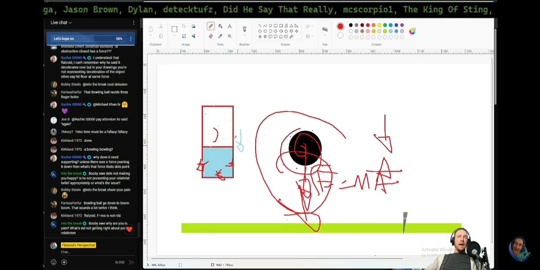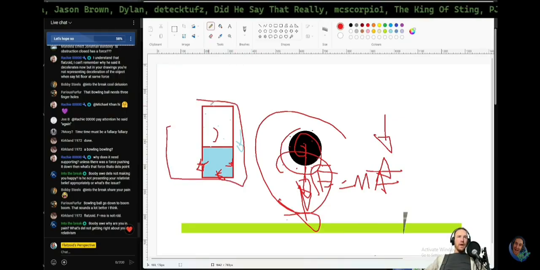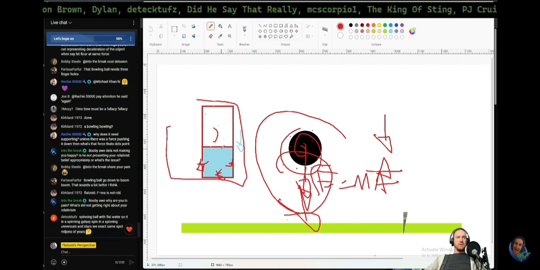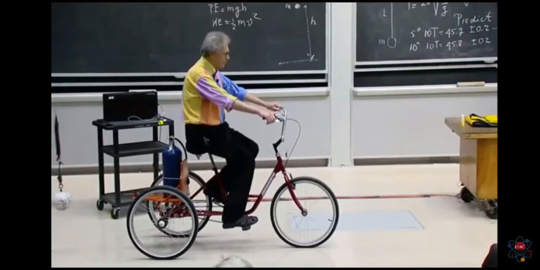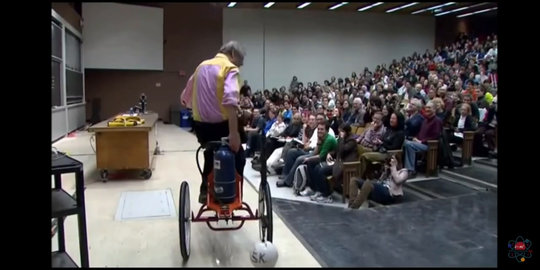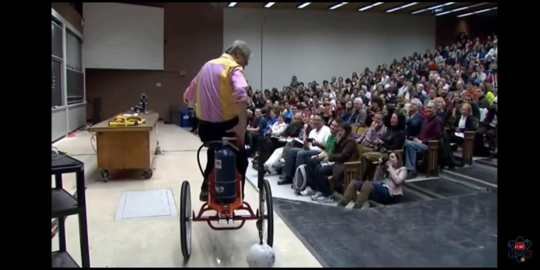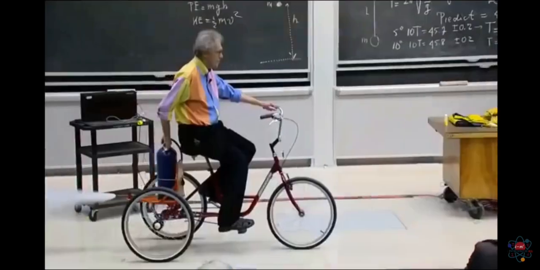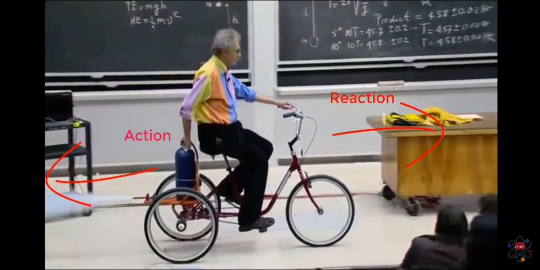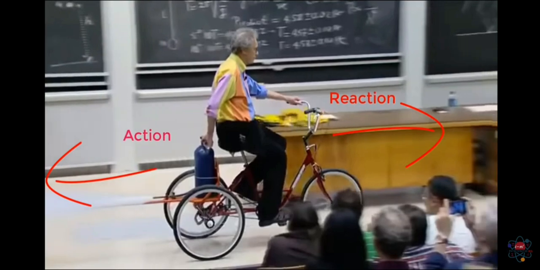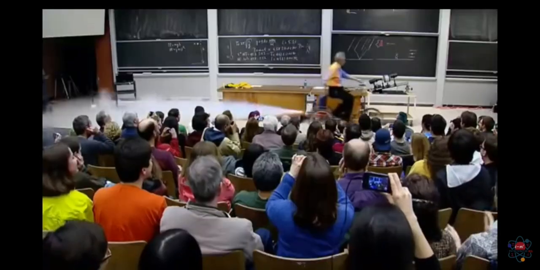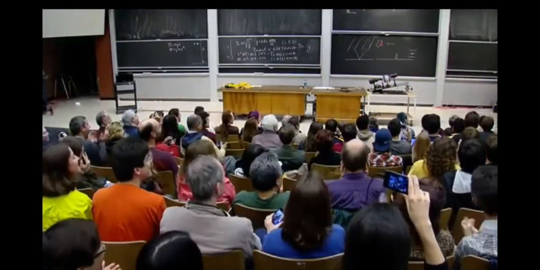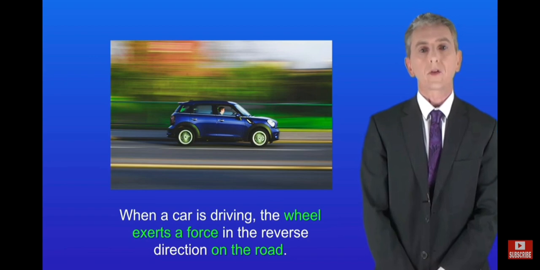Why? Now, when you take that whole bottle and you let it fall, what is Newton's third law, guys? Equal and opposite reaction. Okay. When a car is driving, the wheel exerts a force in the reverse direction on the road.